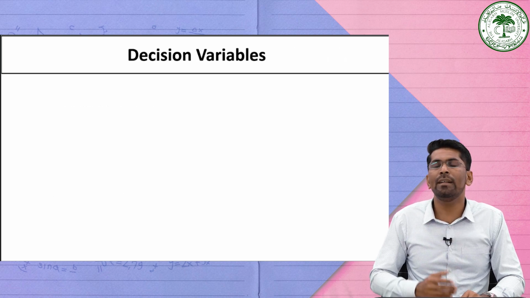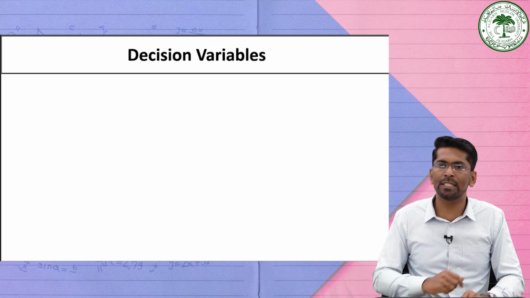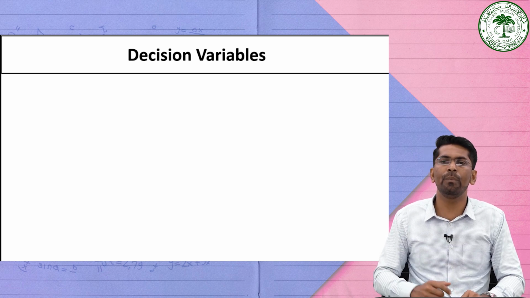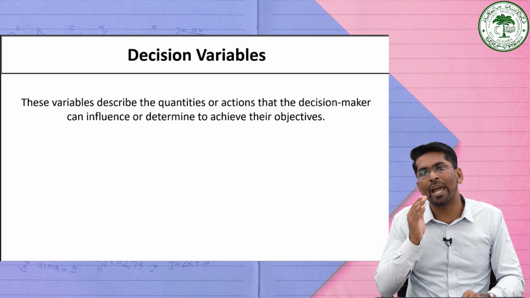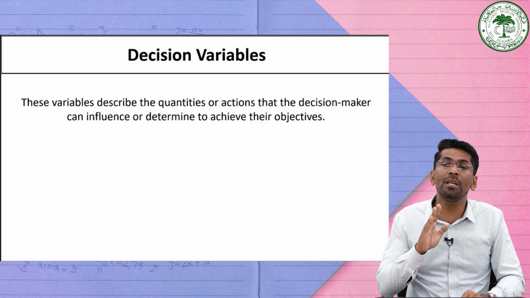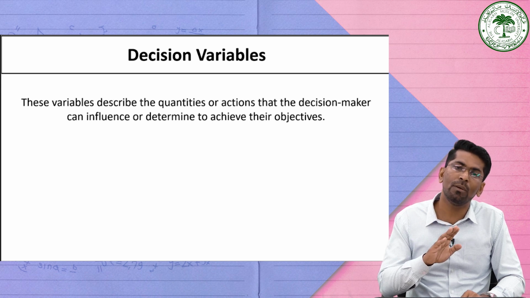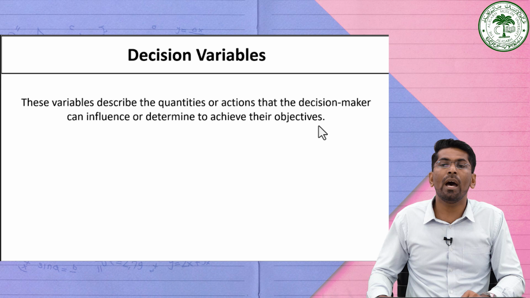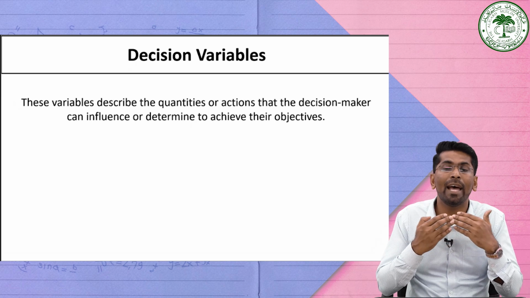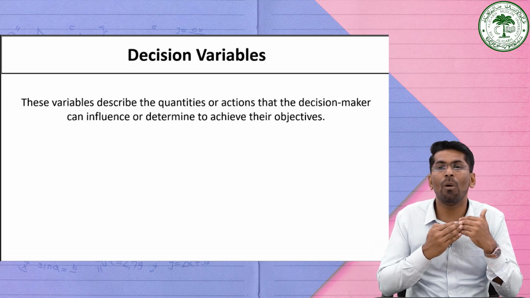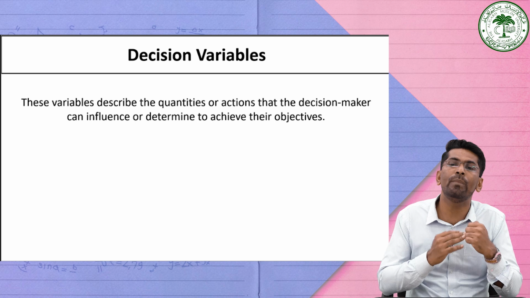The first one is the decision variable. As I have already explained, these variables describe the quantities or actions that the decision makers can influence or want to determine to achieve certain specified objectives. These variables are the building blocks of the linear programming problem, because they directly influence the optimal outcome or optimal solution.